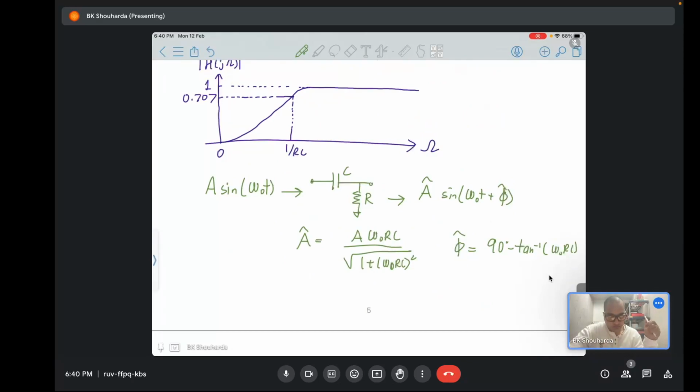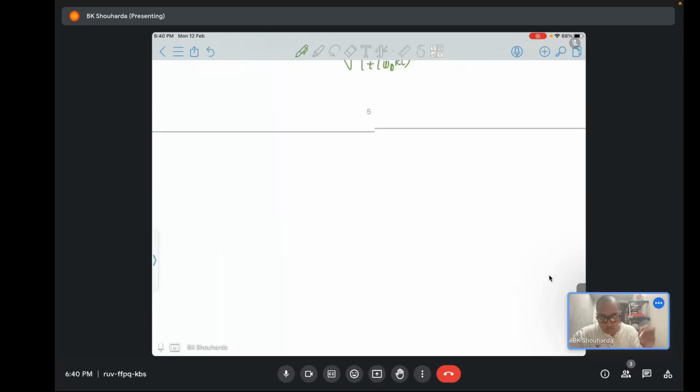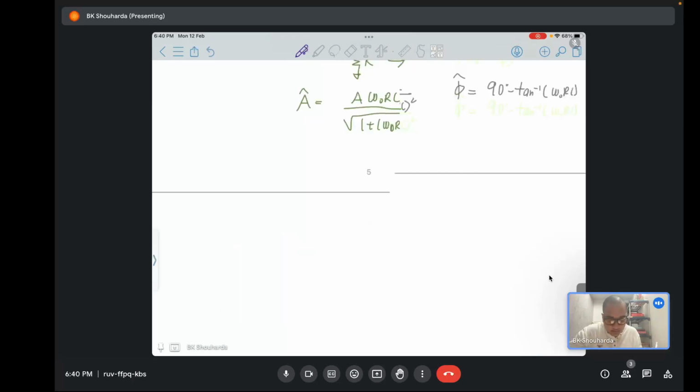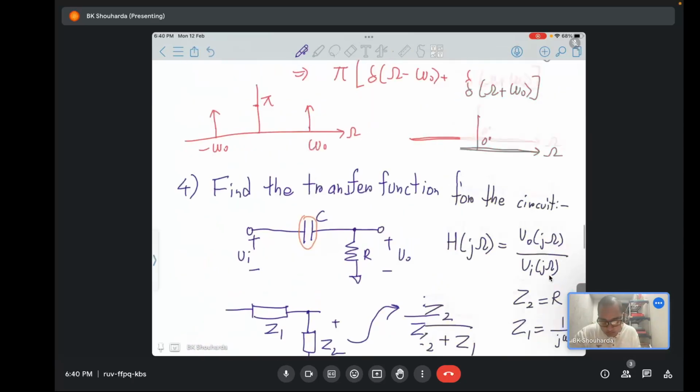I can take this discussion to a great length, but I will stop here because it will deviate too much from our present discussion on Fourier transform.